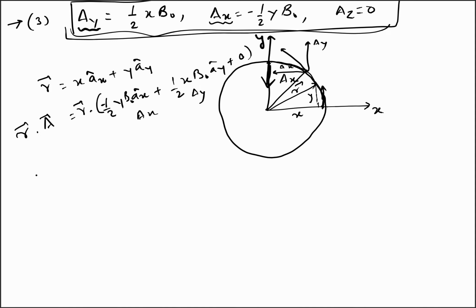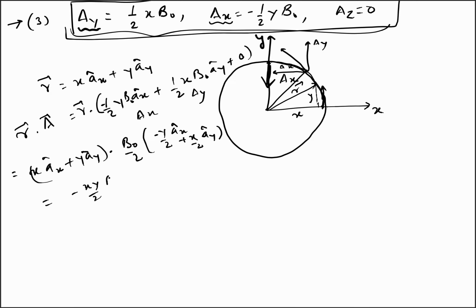So if I take this dot product, you will find that x ax plus y ay dot product of B naught by 2 minus y by 2 ax plus x by 2 ay, this will give us minus xy by 2 B naught plus xy by 2 B naught equal to 0.